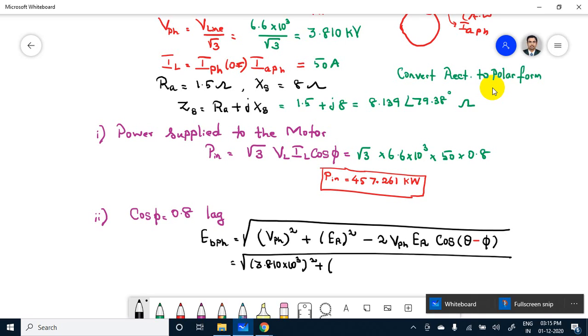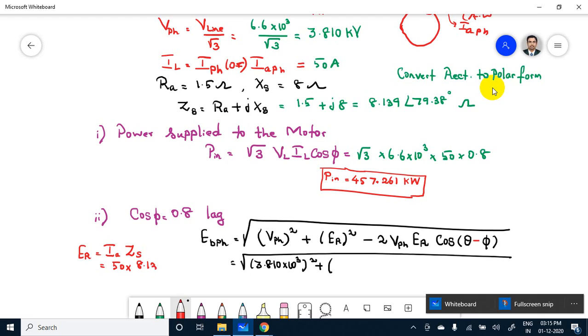How to calculate ER? Can anyone tell me the formula to calculate ER? Yes, ER equals IA into ZS. Now IA is 50, right? So 50 into ZS, which is 8.139, because we are just multiplying only the magnitude.